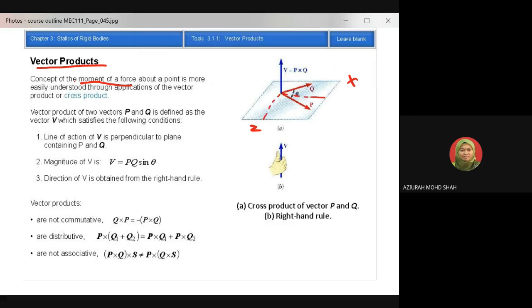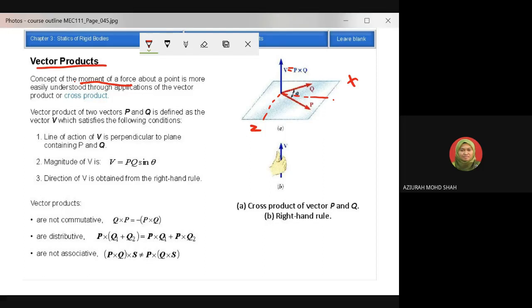Ini X, ini Z. So the cross product, maksudnya P cross Q ataupun Q cross P, hasil dia, for example P cross Q, V is the vector product ataupun cross product untuk these two vector P and Q. So you will get that it is perpendicular with the plane. Line of action of V ini perpendicular to the plane ini.